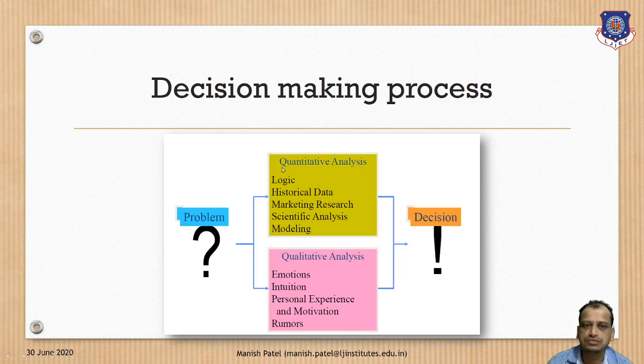Quantitative is whenever you can convert that problem into numerical values, assign some numbers, and apply logic, research methods, scientific methods and models to that. But if you have qualitative factors like emotions, intuitions, experiences, then you can also do the qualitative analysis. Based on these two analyses, you arrive at the decisions.